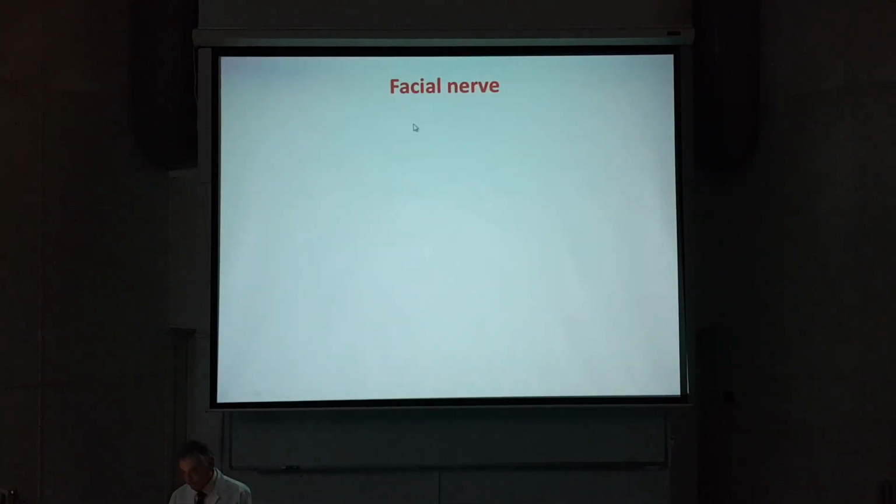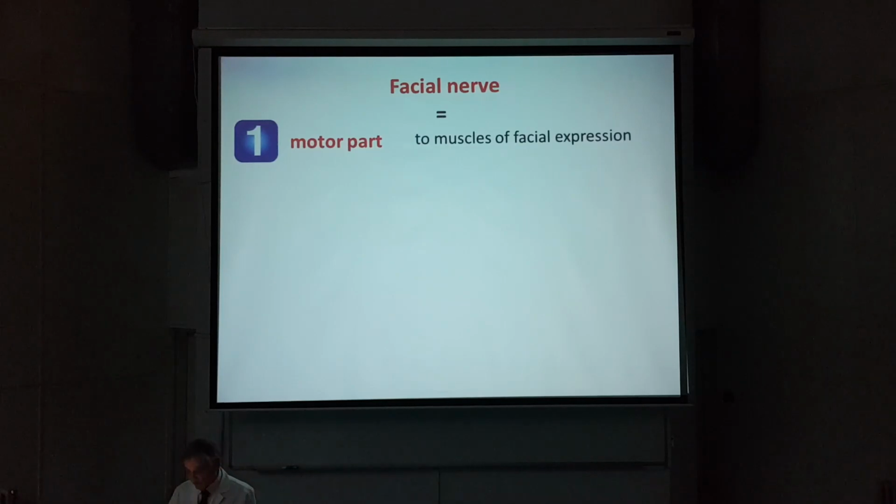So the facial nerve equals what? What is well known or always spoken about is that it is motor. Some people say it's pure motor. It is not. Now this motor part goes to the muscles of facial expression.